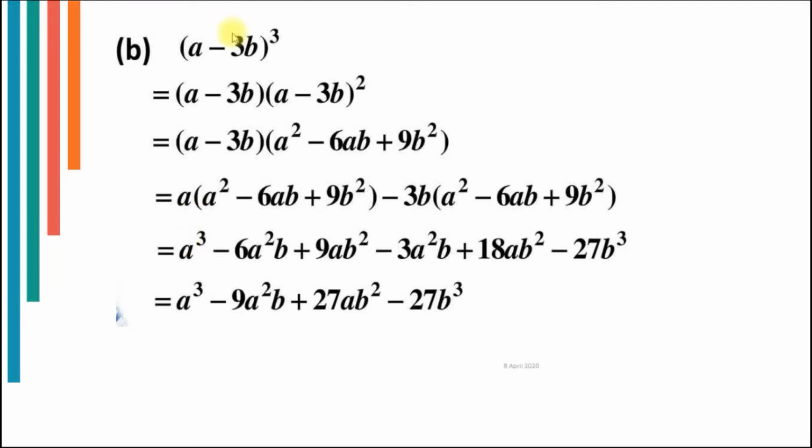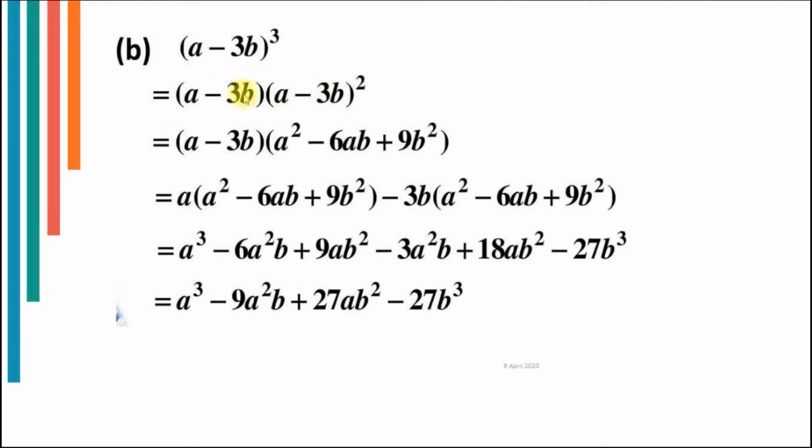And then part B. Okay, so part B, we have (a minus 3b) cubed, right? So that means that we're multiplying this by itself 3 times. That's what we're doing. Okay, so let's just break it down. First we have a minus 3b, and then this will multiply (a minus 3b)(a minus 3b).